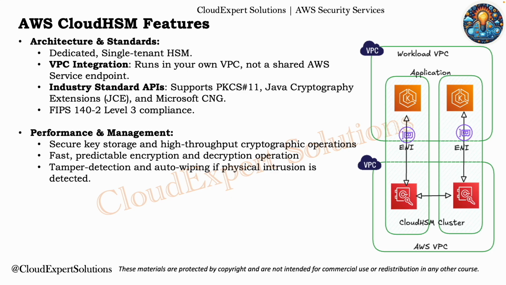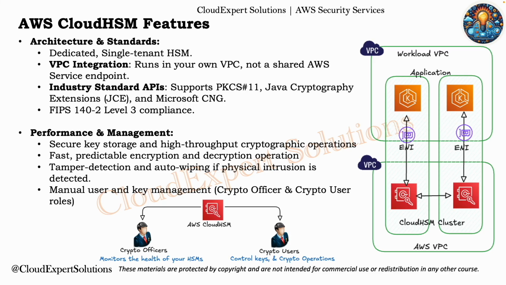CloudHSM devices are designed to detect physical intrusion. If any tampering attempt is detected, the hardware automatically wipes all cryptographic keys stored inside. And finally, CloudHSM uses manual user and key management. You explicitly create and manage users such as the crypto officer, who manages the HSM and creates keys, and crypto users, who are allowed to use those keys for cryptographic operations.